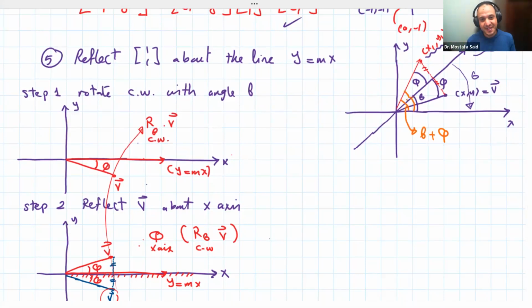Good. So if we rotate that vector v, which currently has an angle phi, with an angle theta, it's here now with an angle phi. We're going to rotate it more with angle theta. So the total angle will be theta plus phi, which is basically that one.